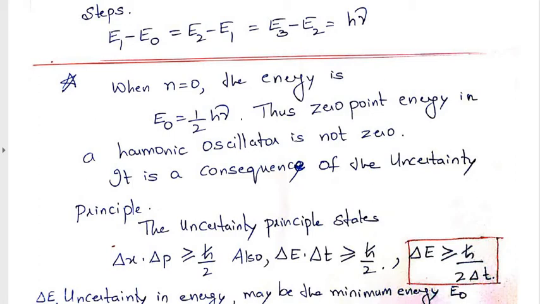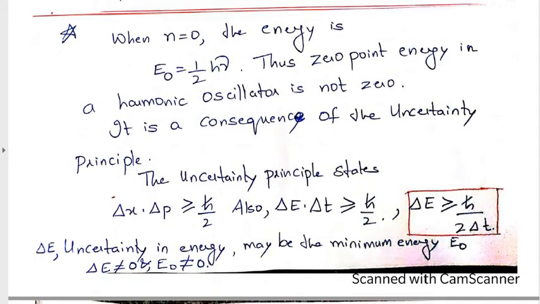The same uncertainty principle can also be told in terms of energy and time, and therefore you have delta E into delta T to be greater than or equal to h bar by 2. So delta E is greater than h bar by 2 delta T.